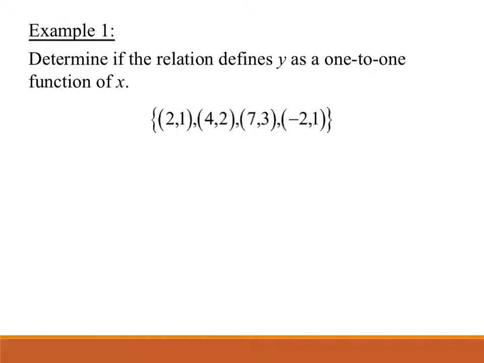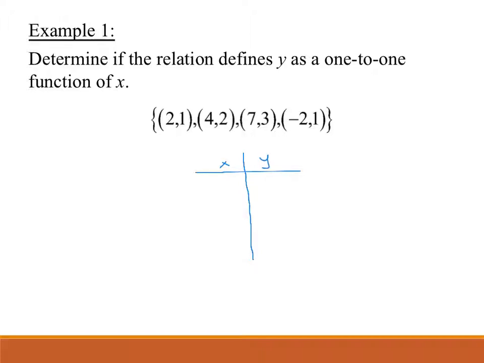So in example 1, we want to determine if the relationship defines y as a one-to-one function of x. To do this, we see ordered pairs, and we will write out the ordered pairs.